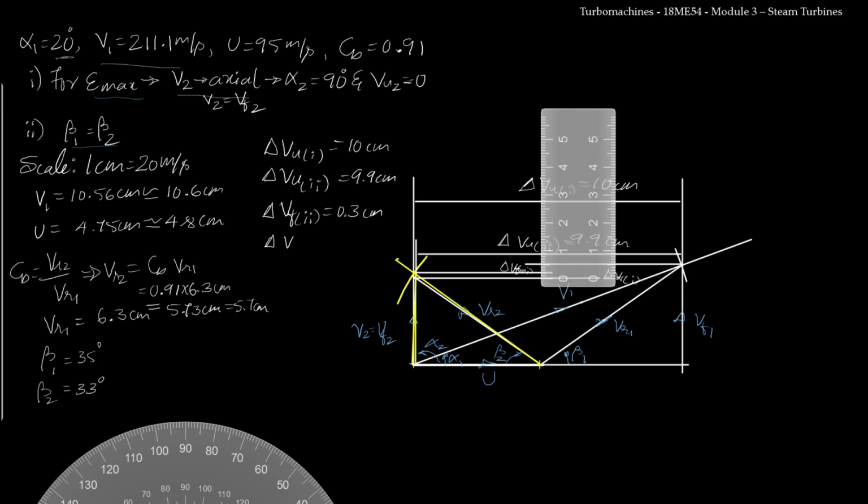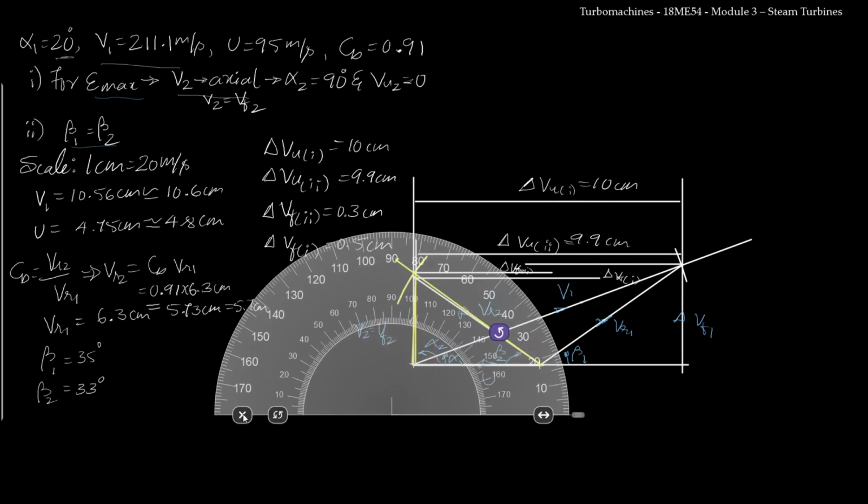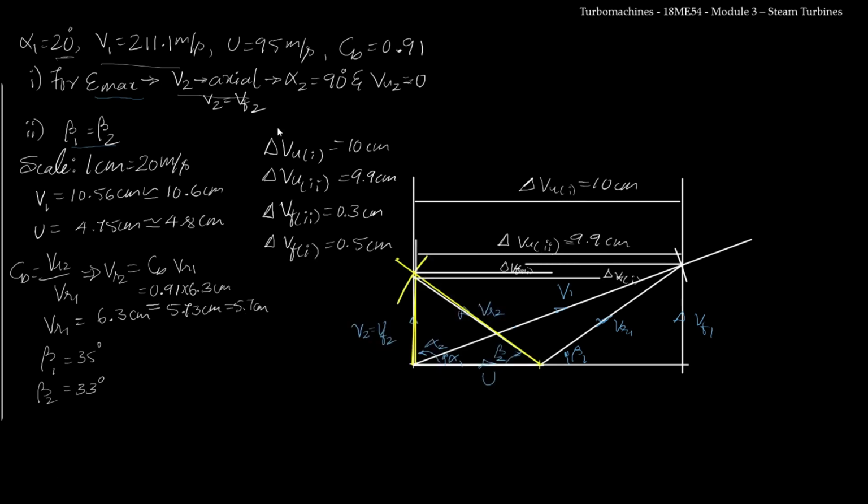So delta Vf for the first case is 0.5 centimeter. Now let us go back to the previous page and calculate the required parameters. Now we have these 4 values. I'll write those values again here.